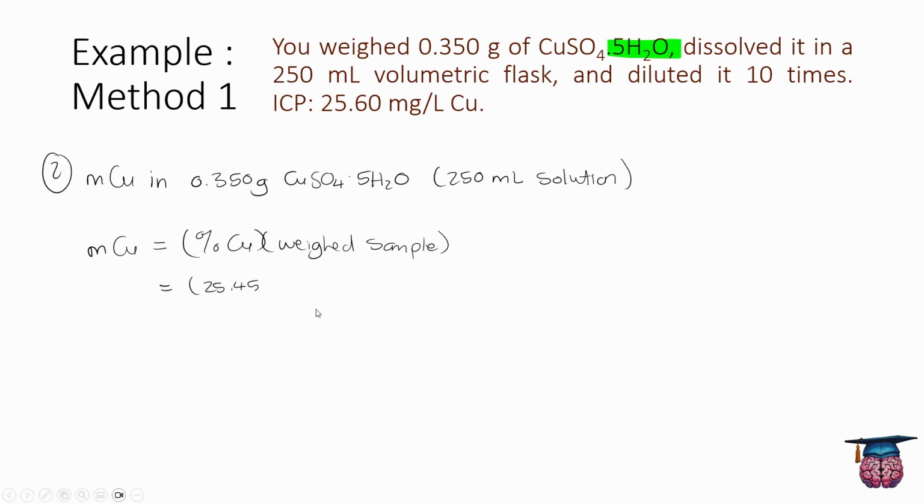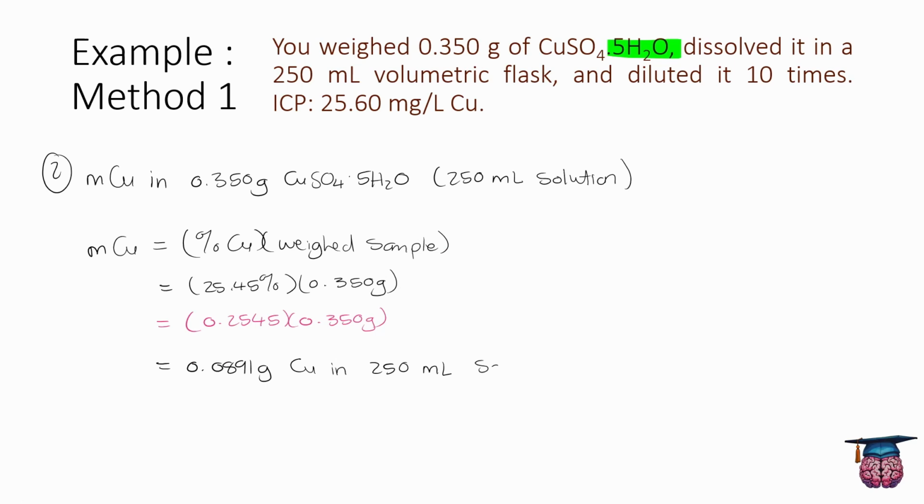We can substitute the percentage, or alternatively, we can use the fractional value that we calculated and multiply it with our weighed sample mass. By finishing this calculation, we see that we have 0.0891 grams of copper in our 250 milliliter solution from our sample's point of view.